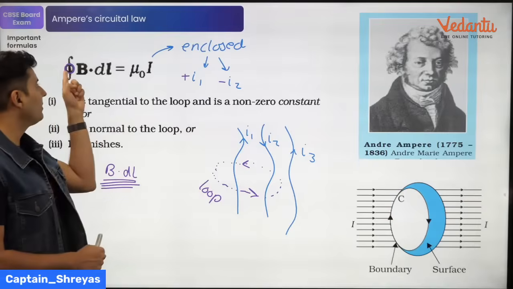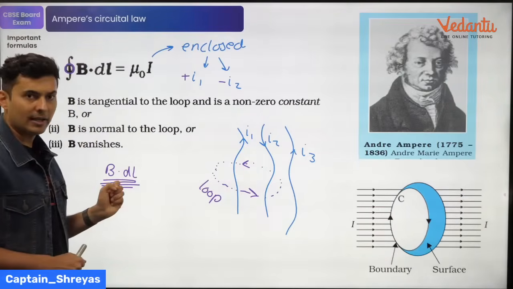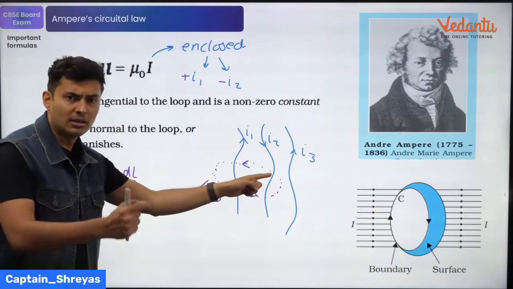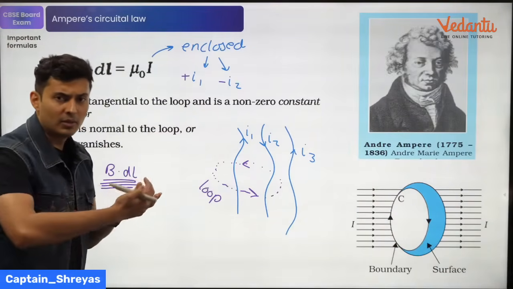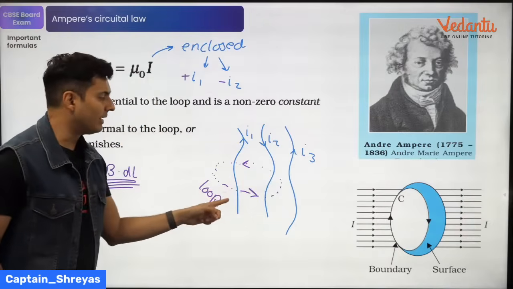You add all of them up, that means integration. Because you're coming back to the same point, that's why the cyclic integral. The value of the magnetic field with the length that you are traveling, the addition over the complete loop, is permeability into current which is inside.